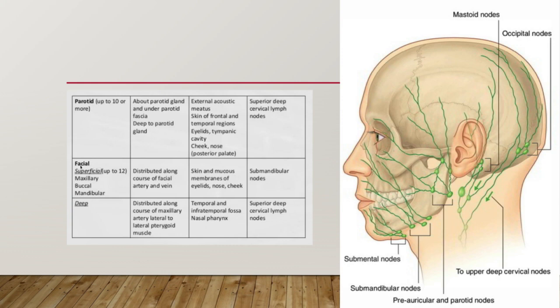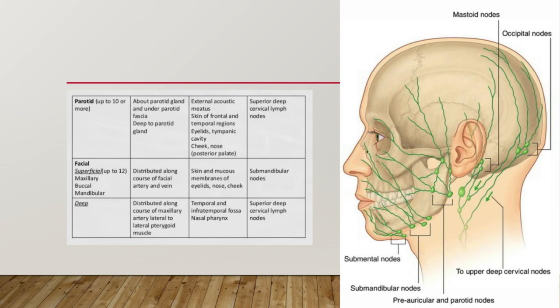Now, the facial lymph nodes. There are two groups, again superficial and deep. The superficial group consists of the maxillary, buccal and mandibular nodes. This is the submandibular group of lymph nodes, the buccal will come here, and the maxillary. They drain the region supplied by the facial artery and vein.